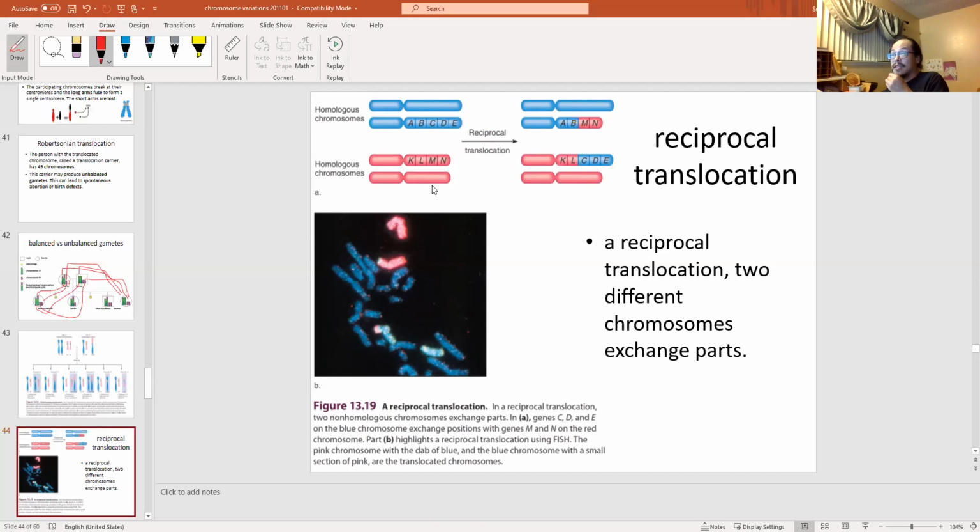There is a difference between this one and the Robertsonian. Robertsonian loses the number of chromosomes and will become monosomy. With the reciprocal translocation, the amount of chromosomes remains the same.